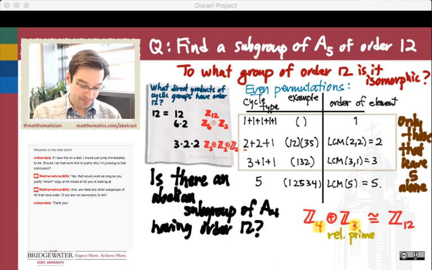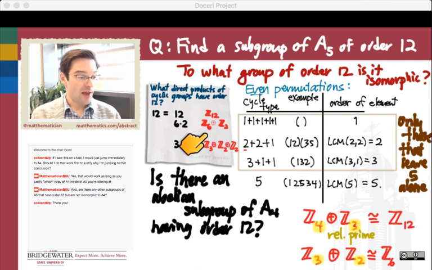And for the same reason, Z3 direct product Z2, which we also saw in this week's videos, because 3 and 2 are relatively prime, that's isomorphic to Z mod 6. And therefore, these two examples, Z6 direct product Z2 and Z3 Z2 Z2, are isomorphic to one another, because this factor is isomorphic to that factor, and the other factor is Z mod 2.